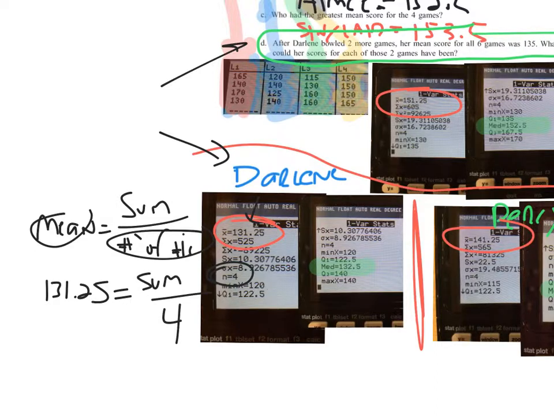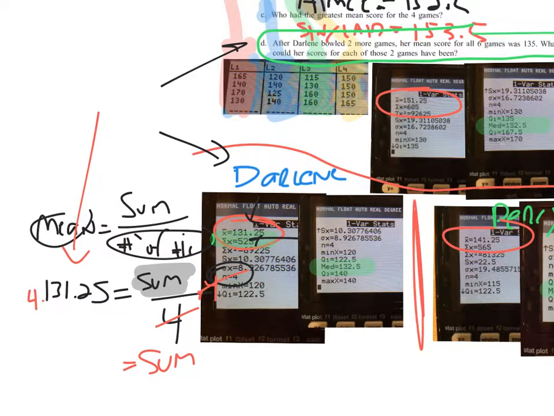So if we want to solve that equation for the sum, I'm going to multiply both sides of that equation by 4. So here I know that Darlene's old sum is 4 times 131.25, or if we're really good with our calculator, we know the second value down, this summation x, stands for the sum.